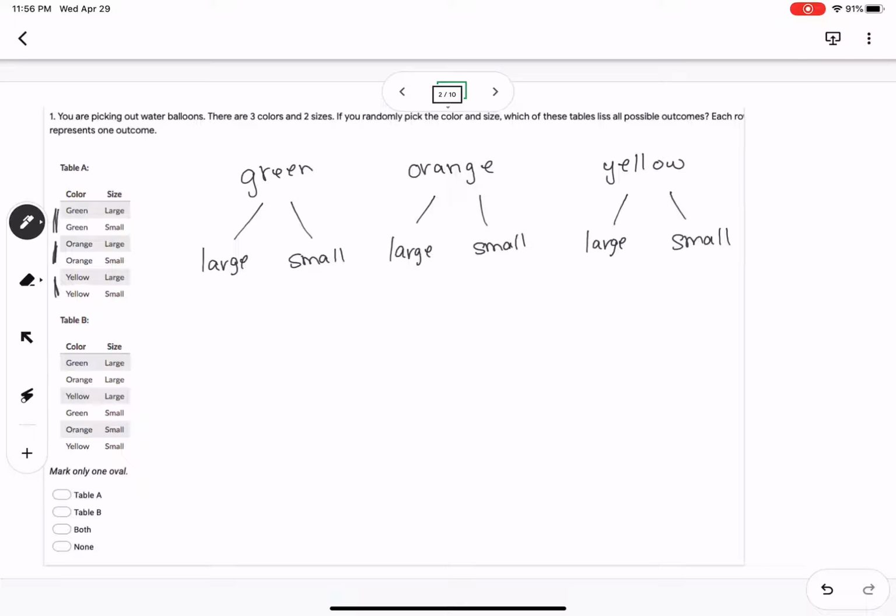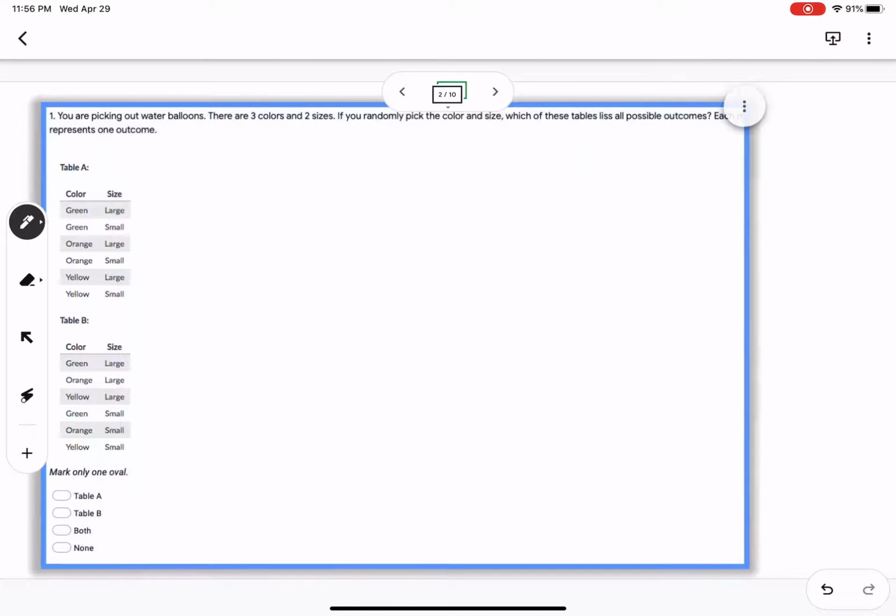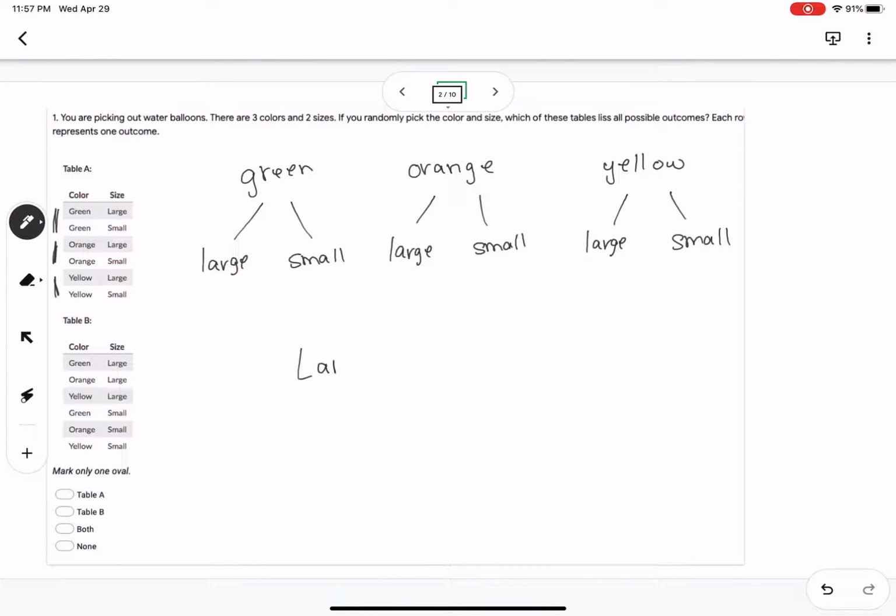Now, that's one way we could do it. We could list them by their colors, or we could list them by their sizes. And again, there are 2 sizes. We have large and small. Okay, in the large, we could have a large green shirt or a large orange shirt or a large yellow shirt.